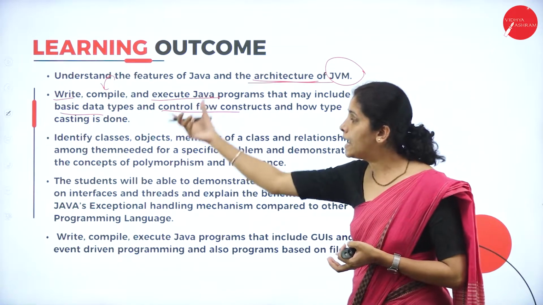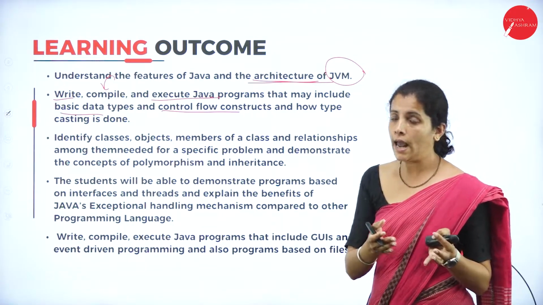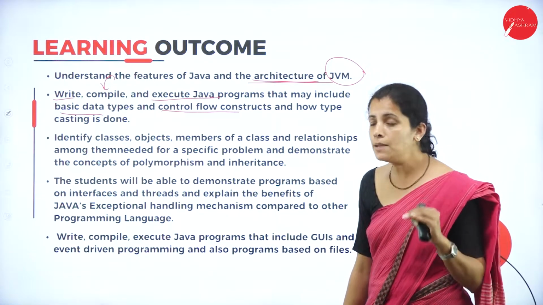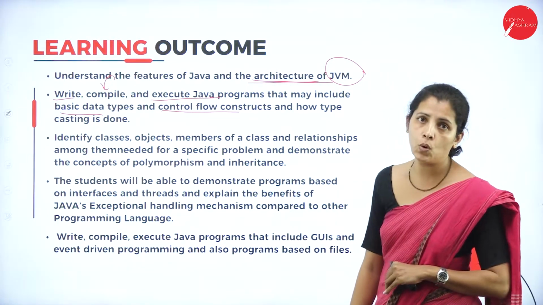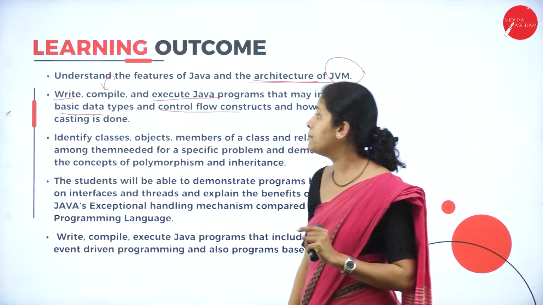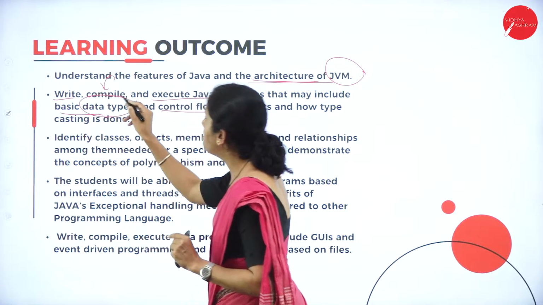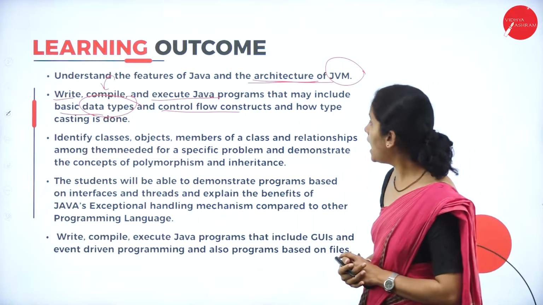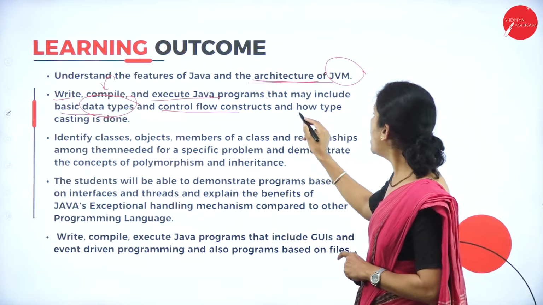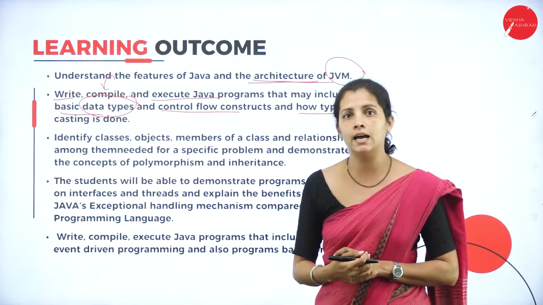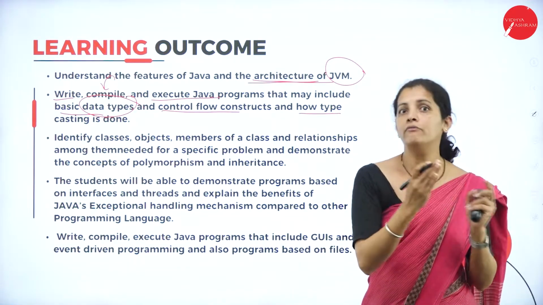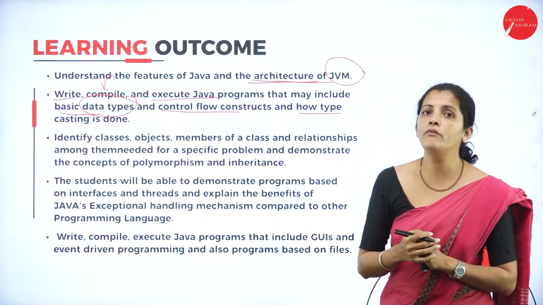So here it helps to write the program, to compile the program, as well as to execute the Java program. Along with that, the programmer can get an idea about data types as well as control flow constructs. Along with that, how typecasting is done. That means how we can convert one type of data into another type of data.